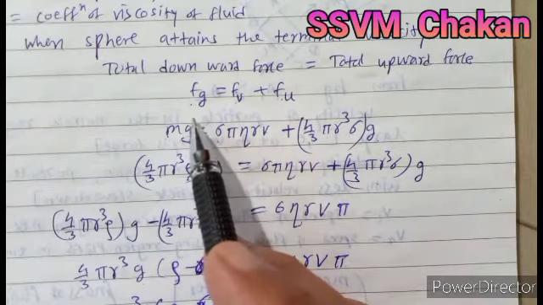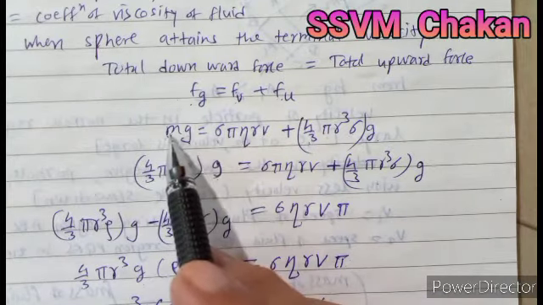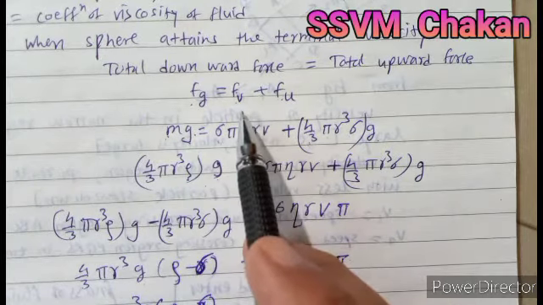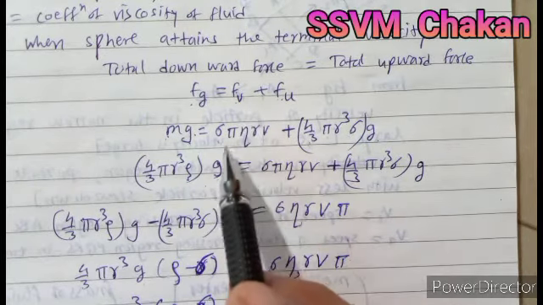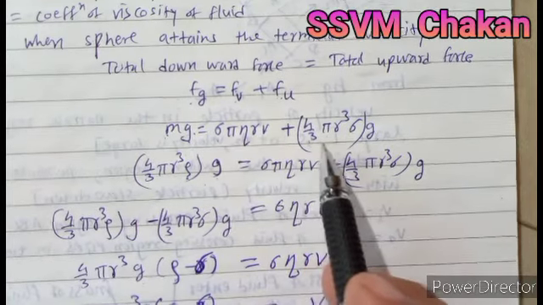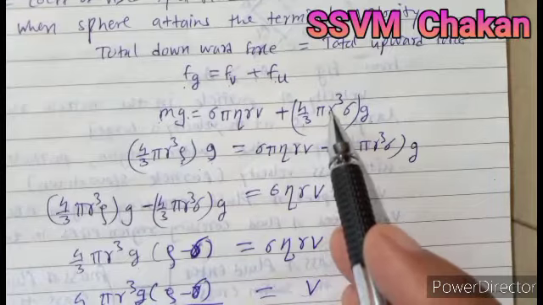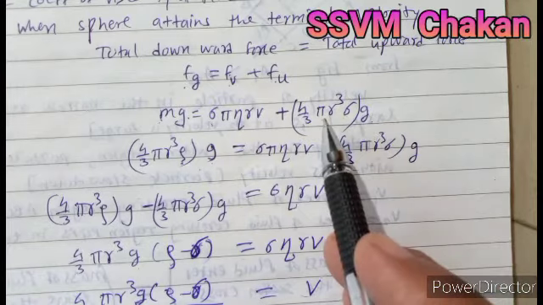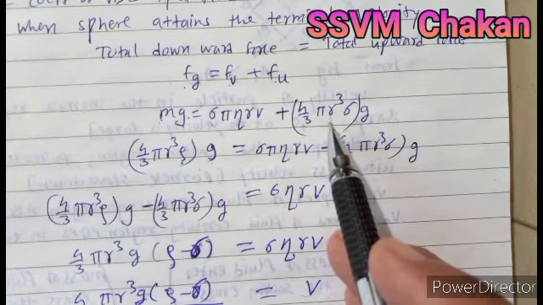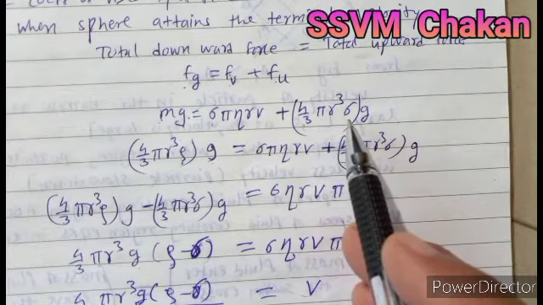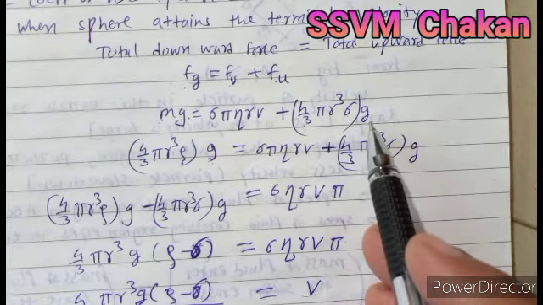Fg, that is the weight, is mass into acceleration due to gravity. Fv, that is the viscous force as per Stokes law, is 6 pi eta r v, and the upthrust is again mass into acceleration due to gravity, where mass is written in terms of density and volume, so it becomes 4 by 3 pi r cube sigma into g.